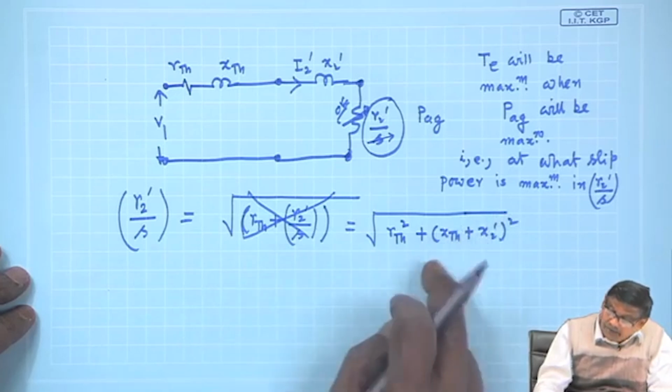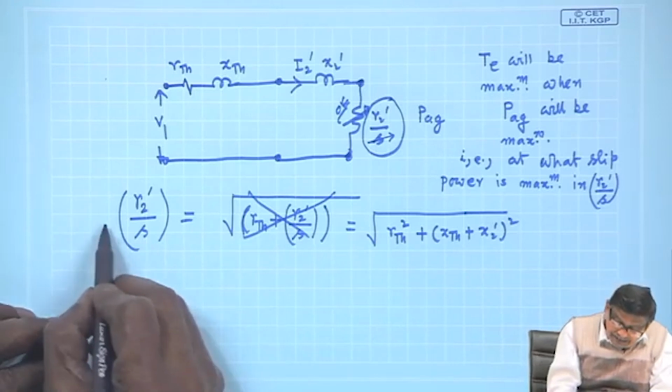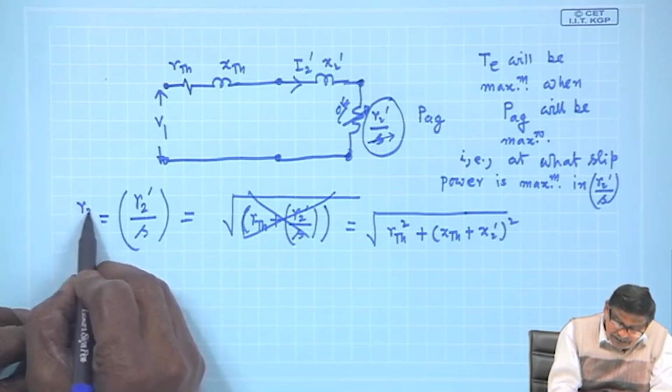It is at that value of slip that torque will be maximum. That is, this is equal to nothing but R2 dashed by alpha.